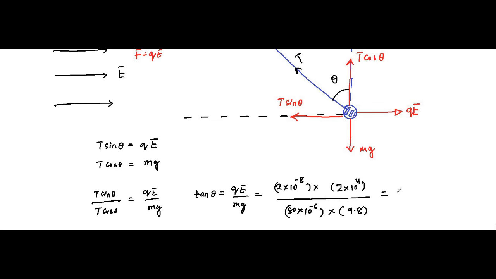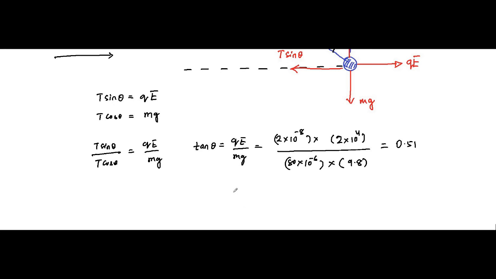So if we calculate it, I'm using a calculator here: 2 into 10 to the power minus 8 into 2 into 10 to the power 4, divided by 8 into 10 to the power minus 6 into 9.8. It is coming around 0.51.